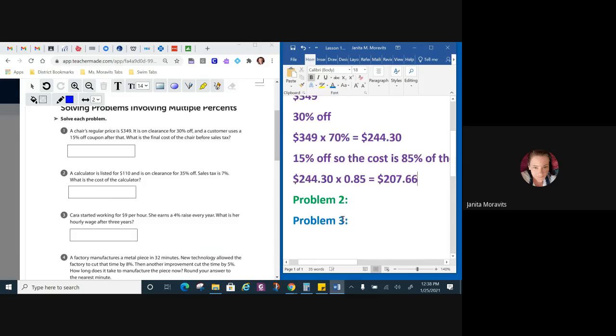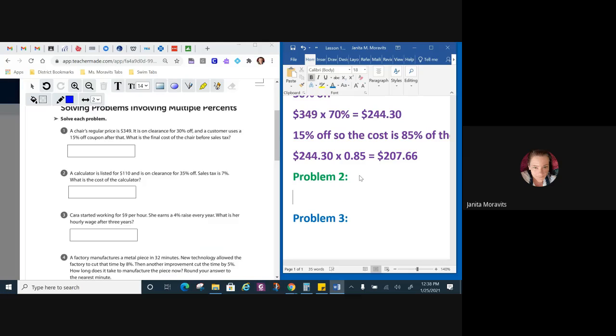All right, let's look at problem 2. It says a calculator is listed for $110 and on clearance for 35% off. Sales tax is 7%. So what are you actually going to pay? Well, first of all, you need to take your $110. Now, it's 35% off.